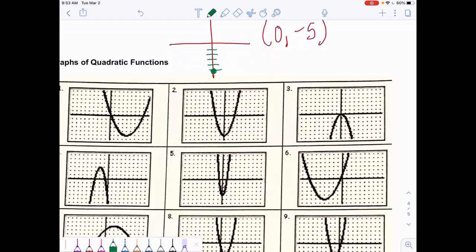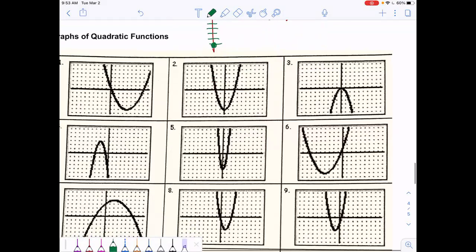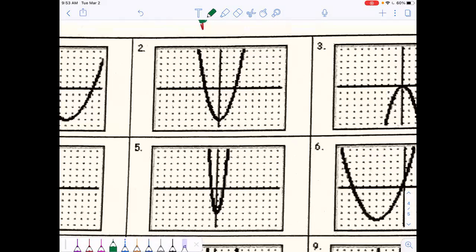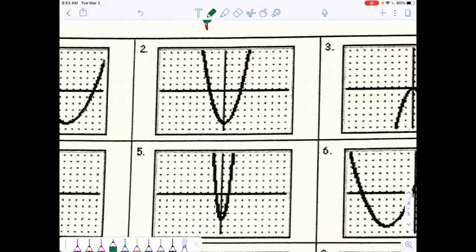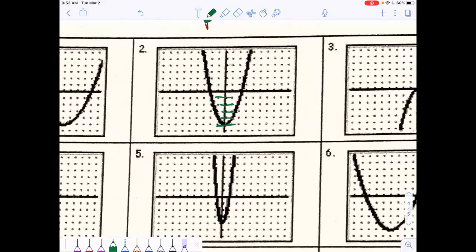If you look at number 2 and number 5, both of these have a vertex on the y-axis, but we need the one that goes down to -5. And if you count, 1, 2, 3, 4, 5, number 2 is the vertex that moves down to -5.